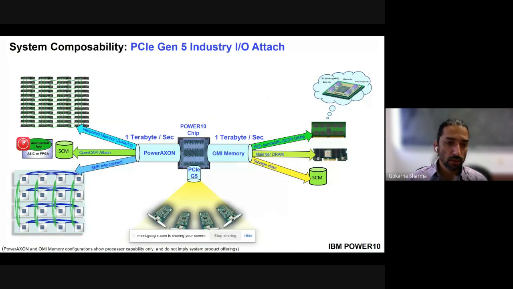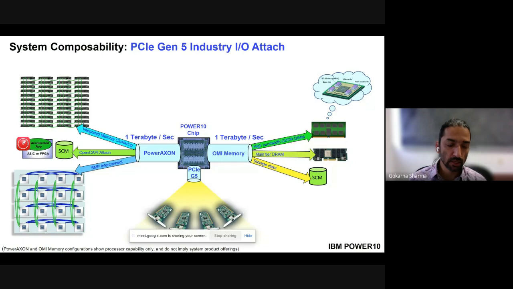So system composability. We looked into this interconnect here. We looked into OpenCAPI, and how it helps to connect FPGAs and ASICs, and then we looked at this integrated memory clustering. Now here, this is PCI, the interconnect for the input-output devices.